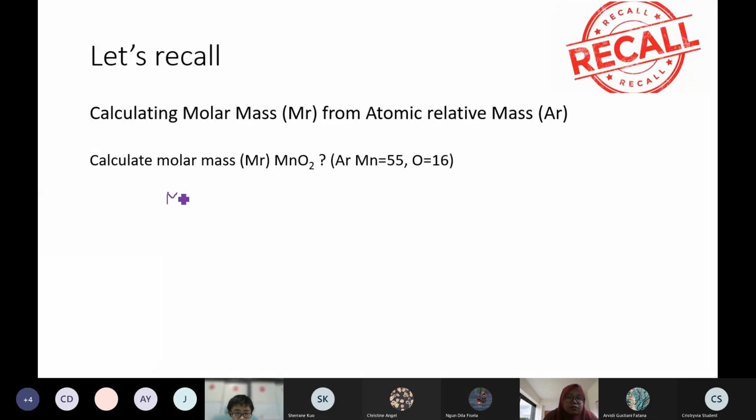Mr of MnO2 equals, how many Mn atoms? There is only one Mn atom, so Ar of Mn, plus, because we have 2 oxygen atoms, 2 times Ar of oxygen.